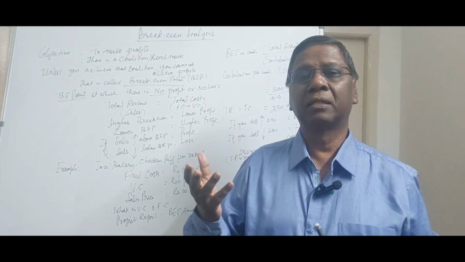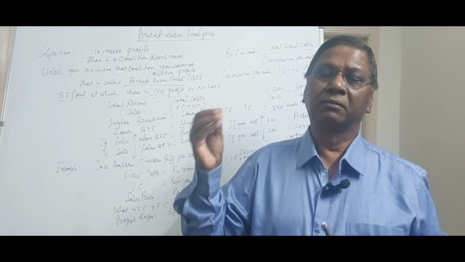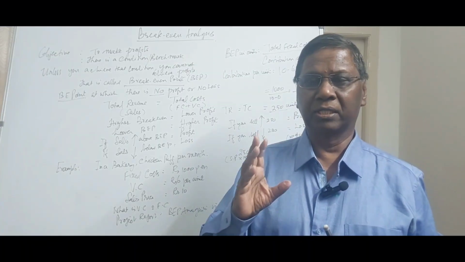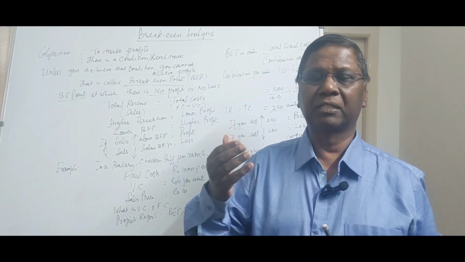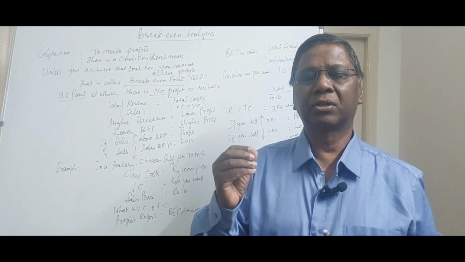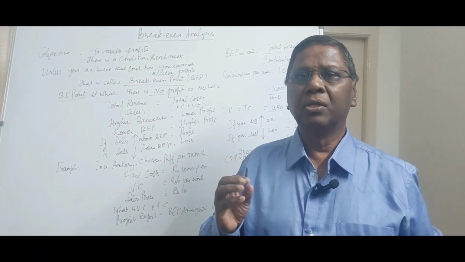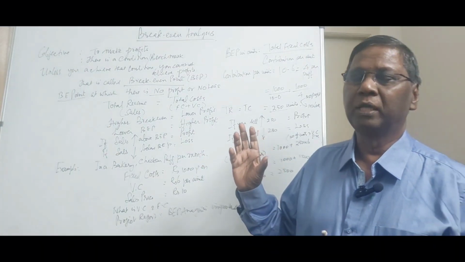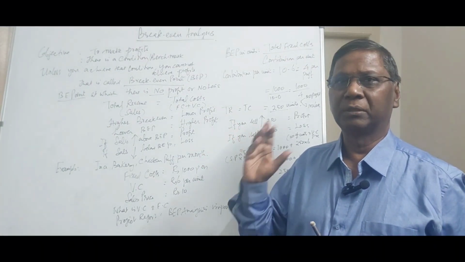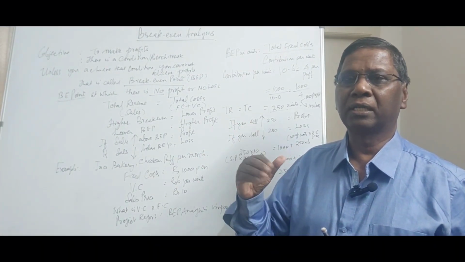We already discussed at length variable cost and fixed cost. I need not explain here because in the first two sessions I explained in detail what is fixed cost and what is variable cost. Now this is the point where you make no profit or loss. It's the point at which all costs are recovered.